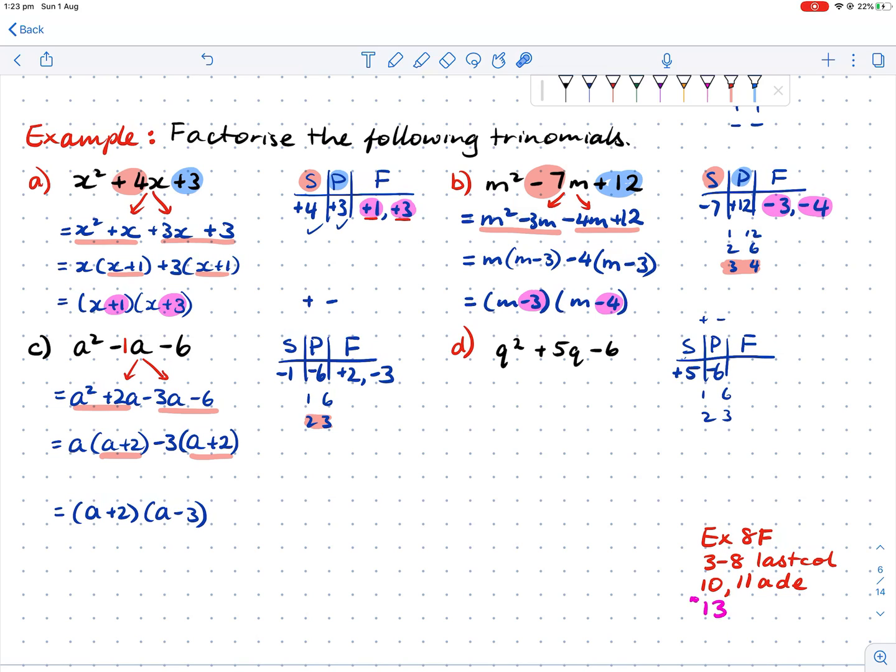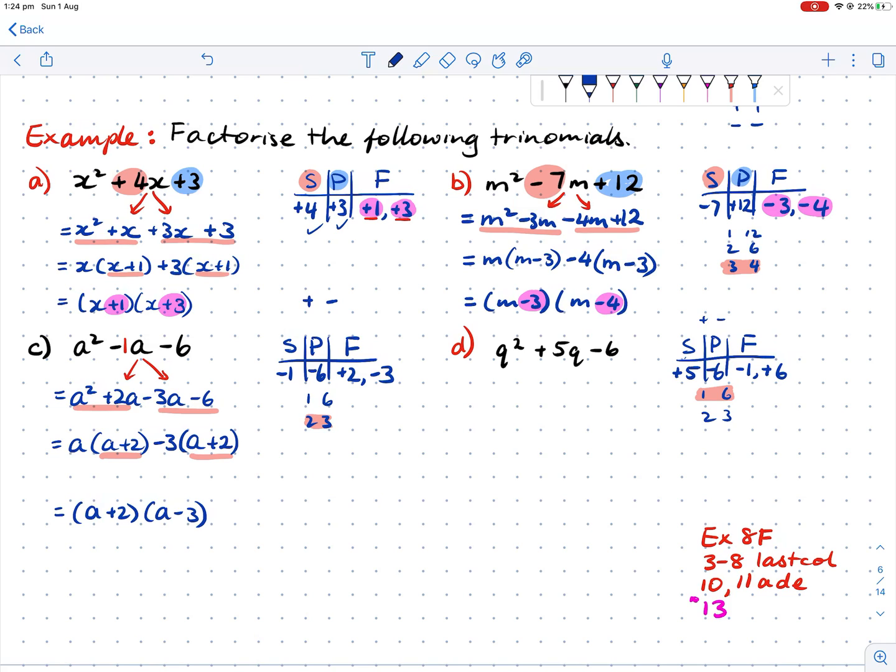But what we need to do is work out what combination will produce the positive and the negative values that we have here. Because we need one number to be positive and one number to be negative, we actually need to use 1 and 6. So if I need the sum to be positive 5, I'm going to have a negative 1 and a positive 6.